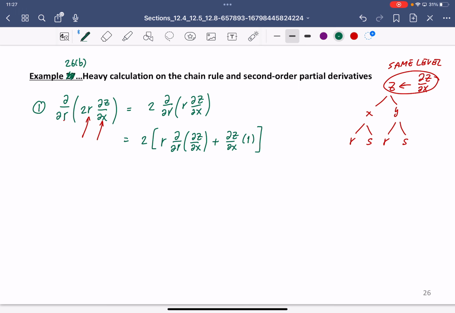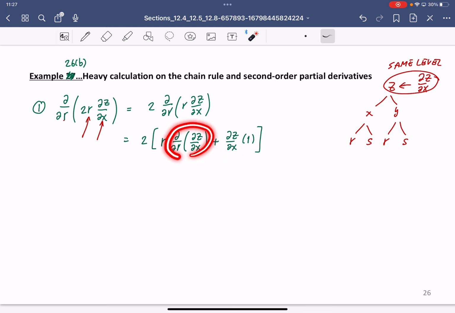Does this make sense? This is by the product rule. So it's going to be r and this one, right? This is the first term, this is the second term, so keep the first term, differentiate the second term, keep the second term, differentiate the first term.